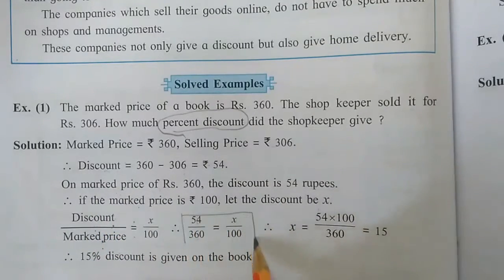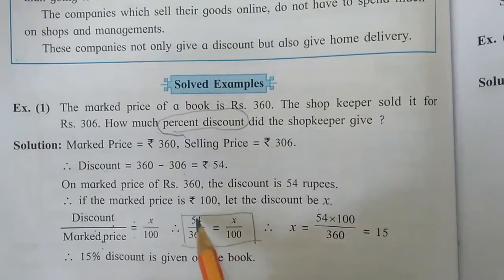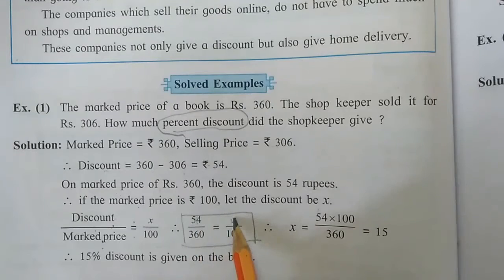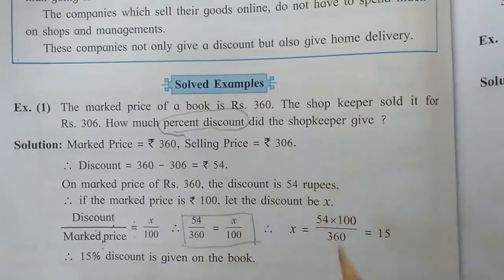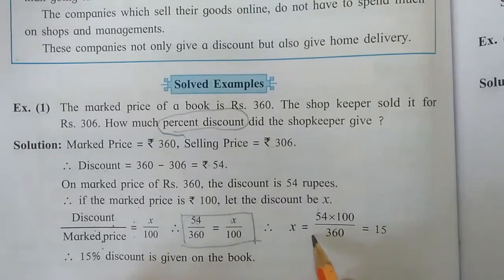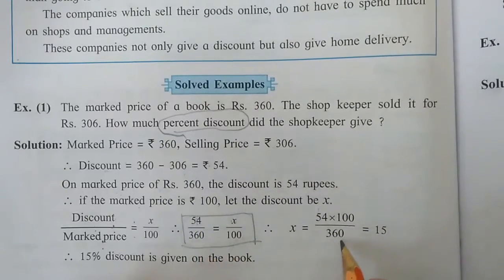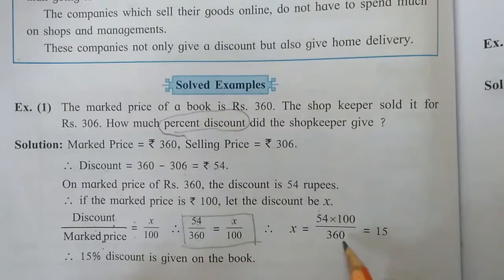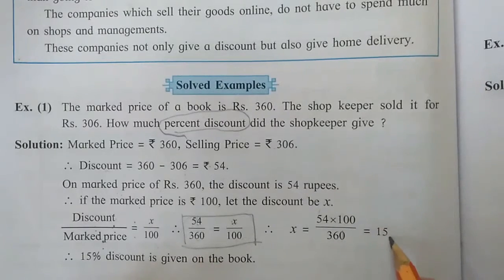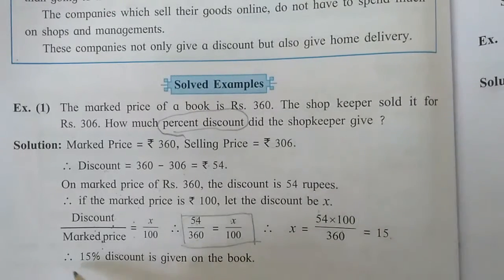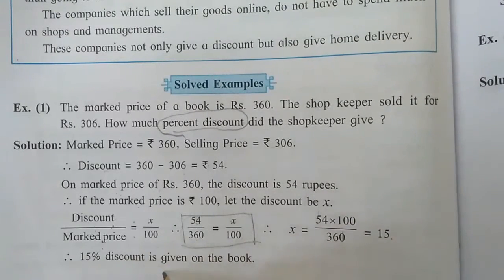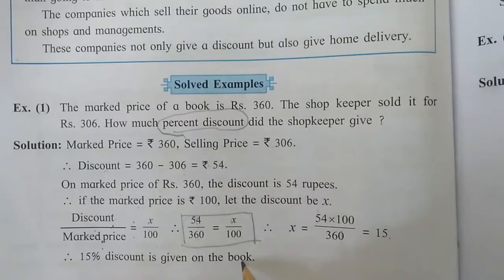Please all the students, mark price at the denominator and discount at the numerator. This arrangement is very important. Therefore X is equal to 54 multiplied by 100 upon 360. If we calculate this, we get 15. So therefore 15% discount is given on the book.